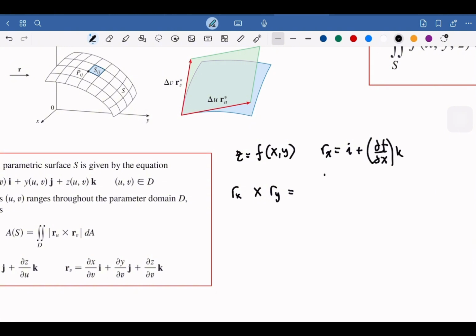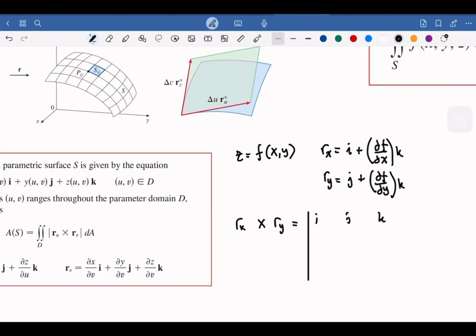This is just taking by implicit, and this is j plus ∂f/∂y k. And then if we take this Rx cross Ry, so this will be i j k, so 1, 0, and ∂f/∂x. From the implicit, this is 0, 1, ∂f/∂y.